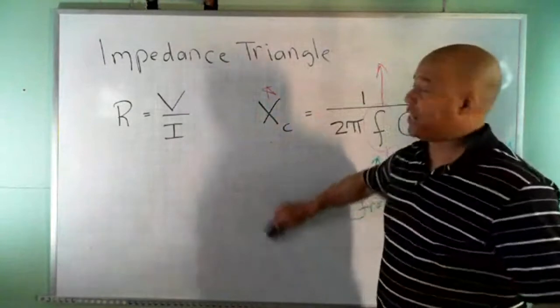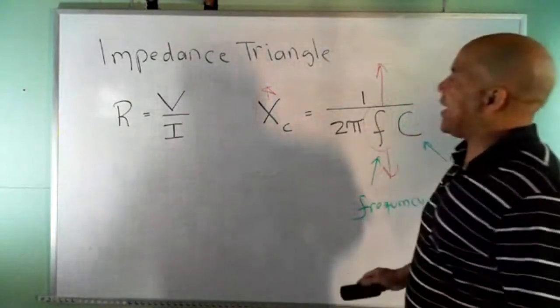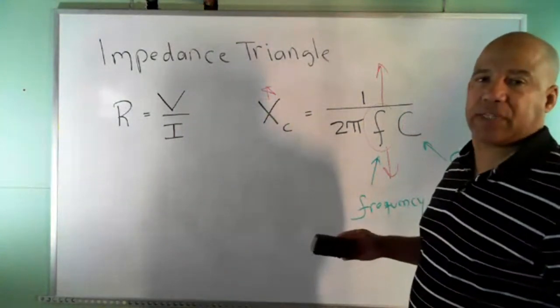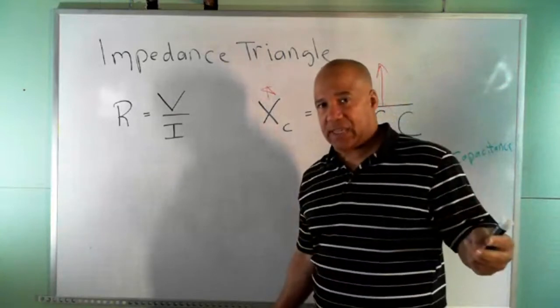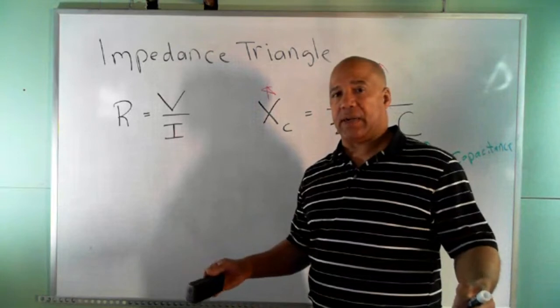I'm just going to give you the information and then you use it. So when you're dealing with AC, these oppositions are related to each other. Remember, there's resistance, there's reactance, and then if you have a combination of the two, there is impedance.